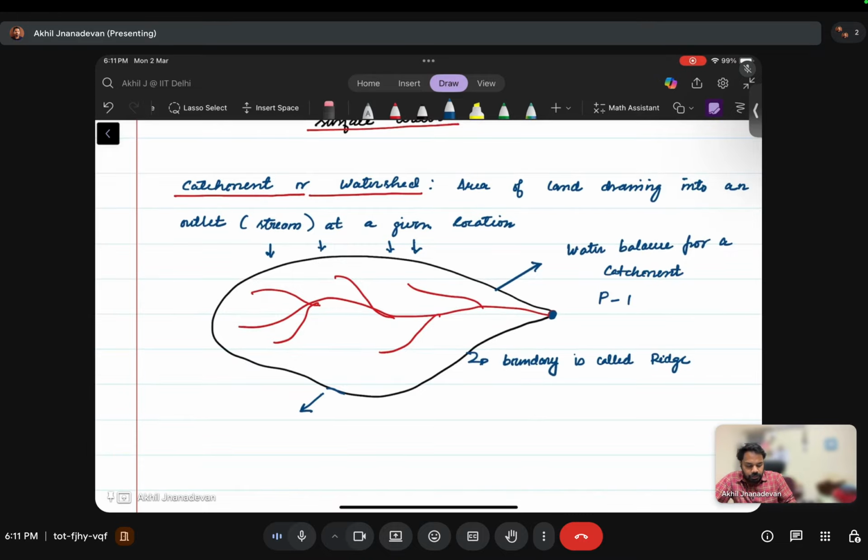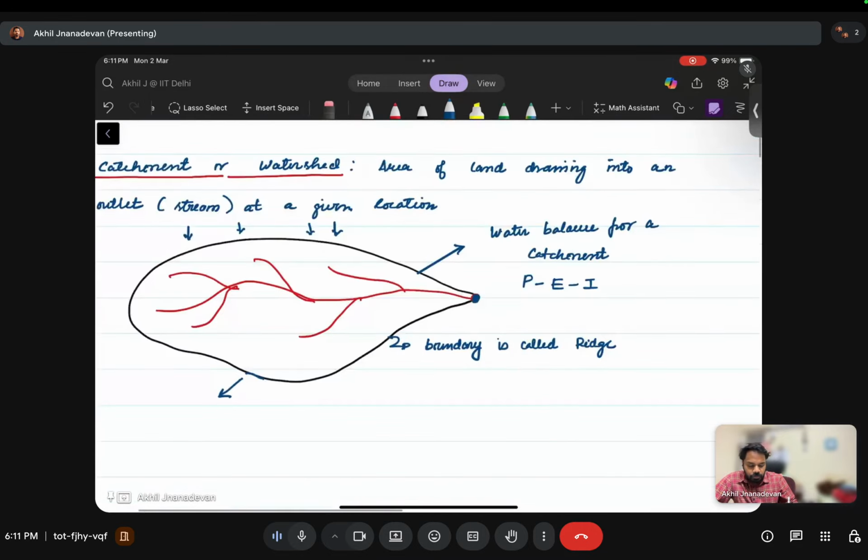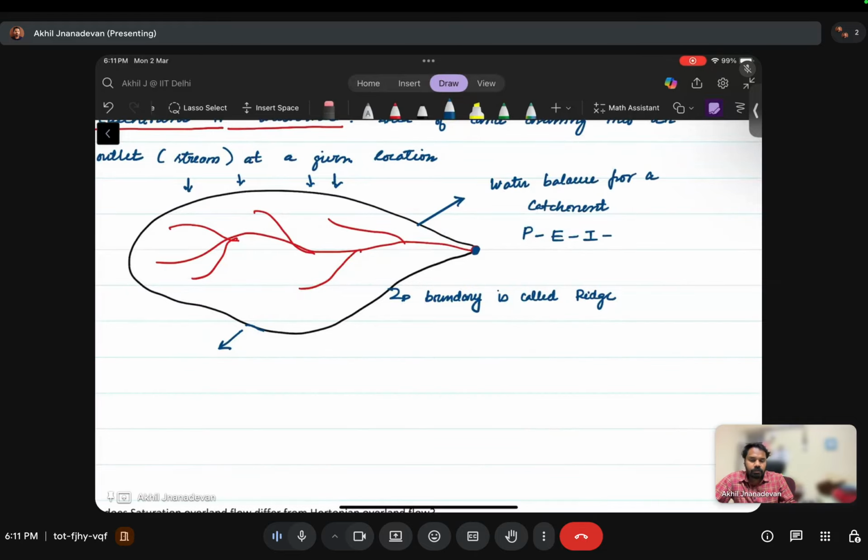Then we have losses like evaporation, and losses like infiltration, that is water infiltrating to the subsurface. Then there will be abstraction losses, which we'll deal with in detail in the coming questions. This abstraction I'm denoting by A. That is, before reaching the catchment, water gets stored in the canopy storage. Canopy means the branches of trees, the leaves. The water gets intercepted before it reaches the catchment.